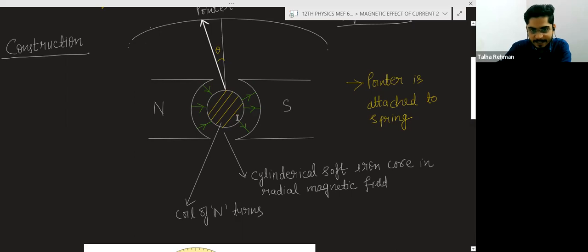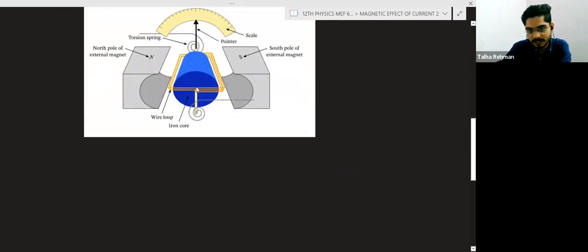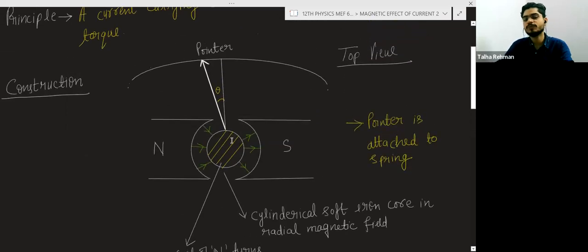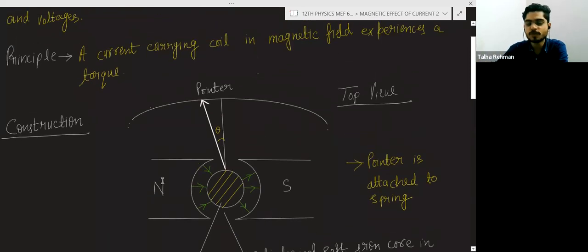This represents the coil of N turns. When you view the coil from the top, the coil will look like this. This yellow colored thing is a coil of N turns. And these are the magnets, the north pole and the south pole of the magnet, and these lines represent the magnetic field lines.